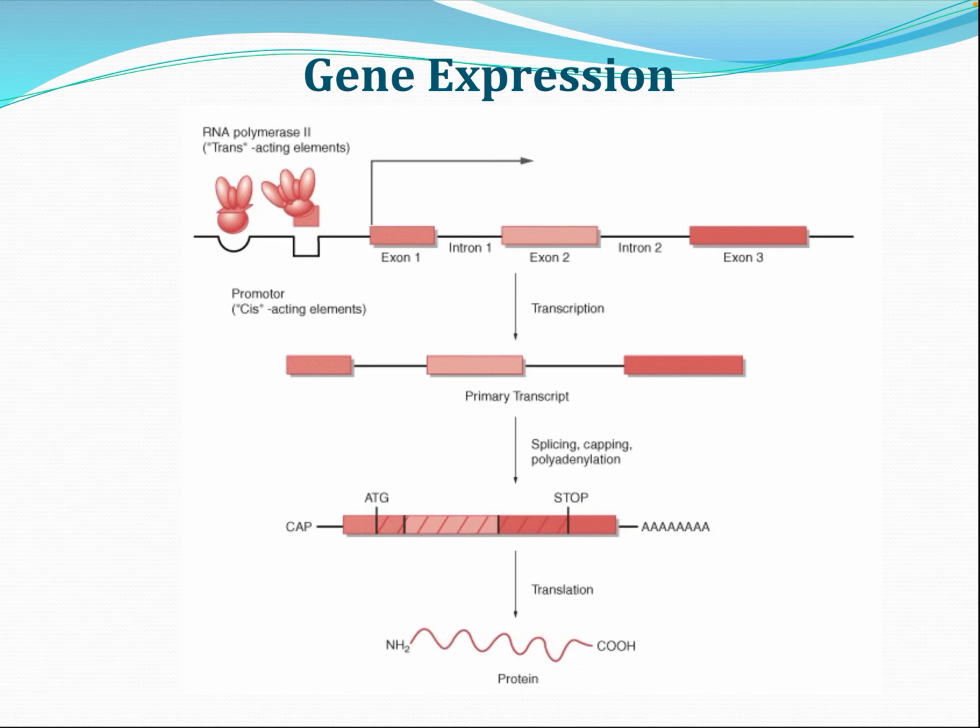After splicing, it undergoes capping and polyadenylation. A cap is added to the beginning of the mRNA, and a poly-A tail is added to the end of the mRNA sequence. It reaches the ribosome, the protein synthesis site, and the protein sequence is generated.